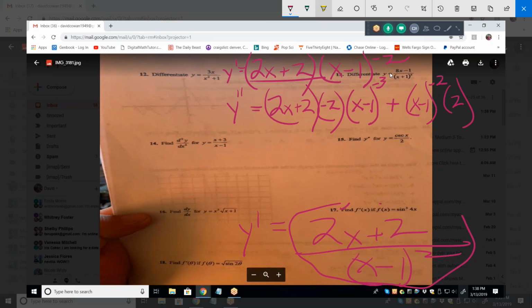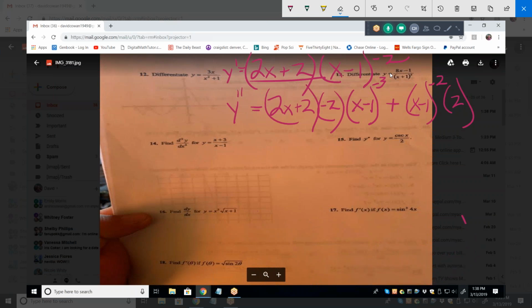And again, we can do some sophisticated algebra, not really that sophisticated, basically finding a common denominator. Common denominator is going to be x minus 1 cubed. So I'm going to write this first term. I'm going to distribute that negative 2, so I have minus 4x minus 4 all over x minus 1 cubed. That's going to be my common denominator.